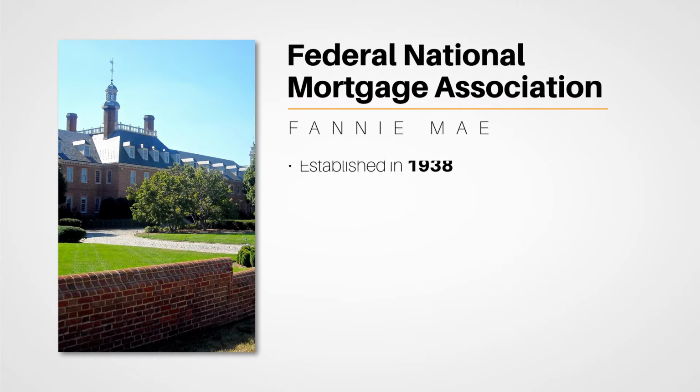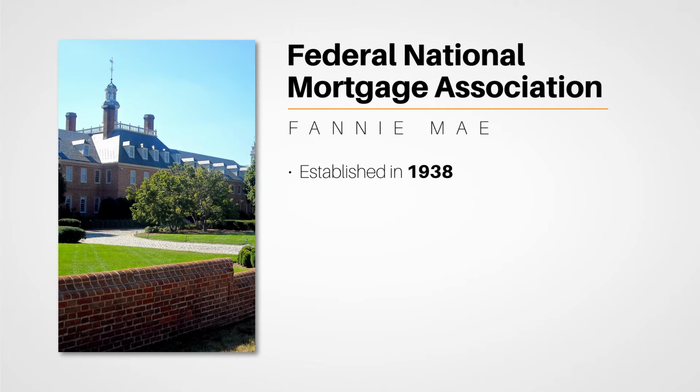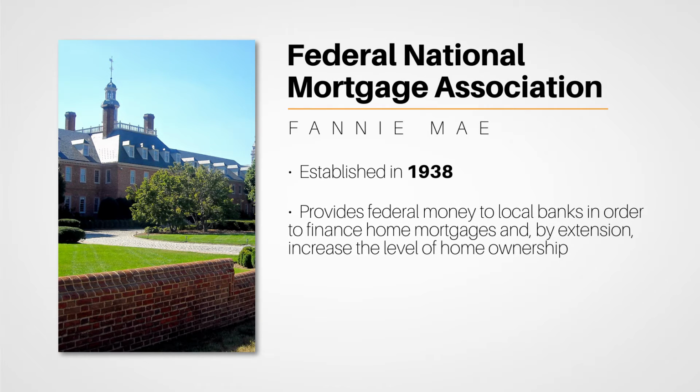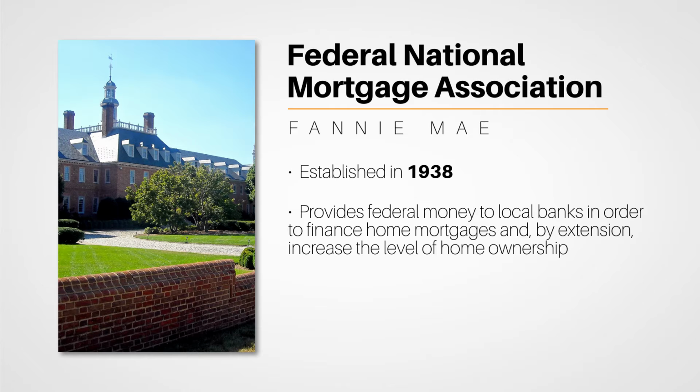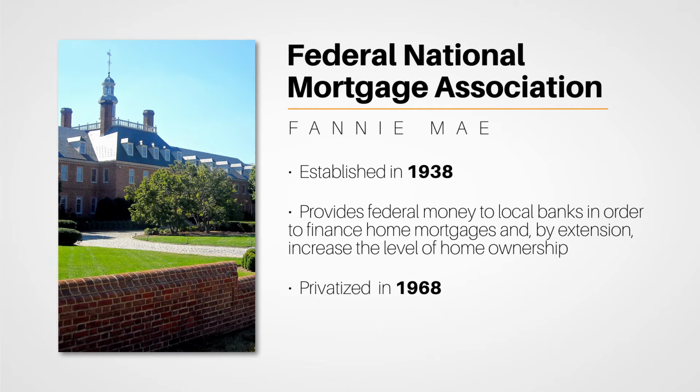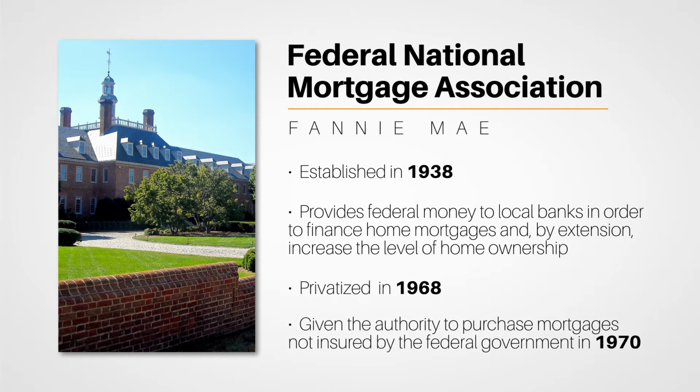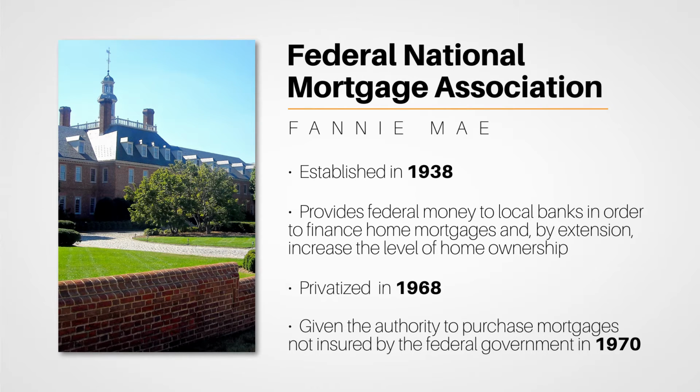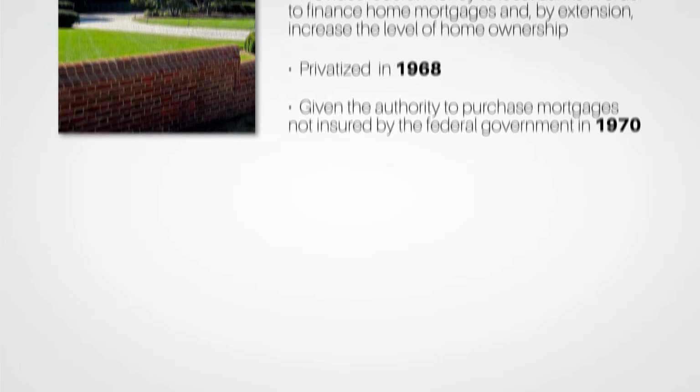Fannie Mae was established in 1938 with the aim of providing federal money to local banks in order to finance home mortgages and, by extension, increase the level of home ownership. Fannie Mae was made into a fully private corporation in 1968, and in 1970 was given the authority to purchase mortgages not insured by a government agency.